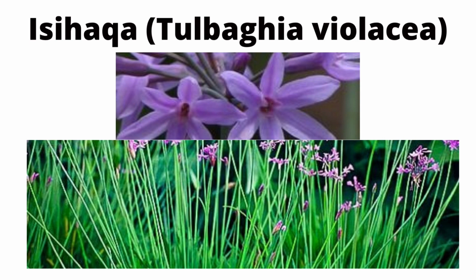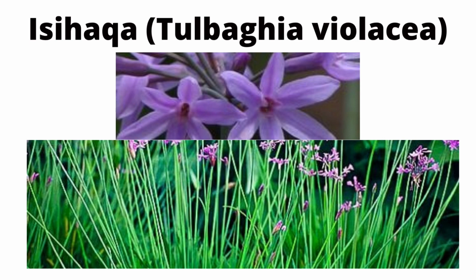You can also crush the leaves on the skin to repel insects like mosquitoes, fleas and ticks. Isihaqa can also be used when making a love potion. LOL, don't ask in the comments how you make a love potion with Isihaqa.